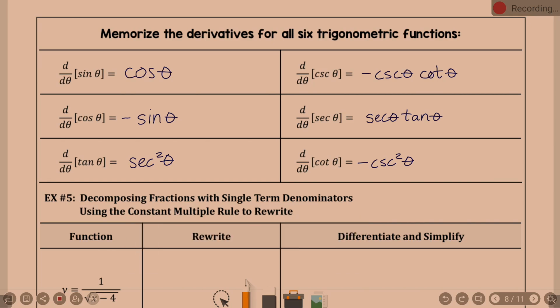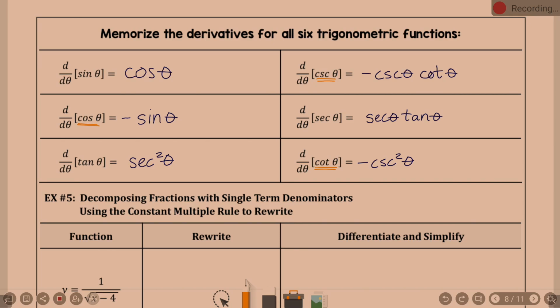I don't know if this is helpful or not, but if you want a fun little tip: all of my functions that begin with C, so cosine, cosecant, and cotangent, all 3 derivatives are negative.